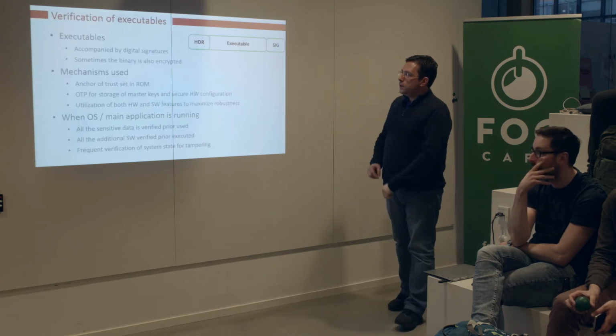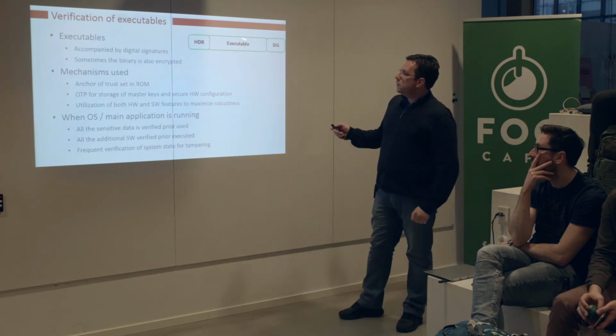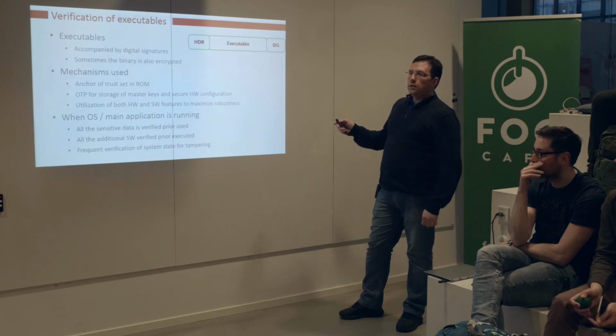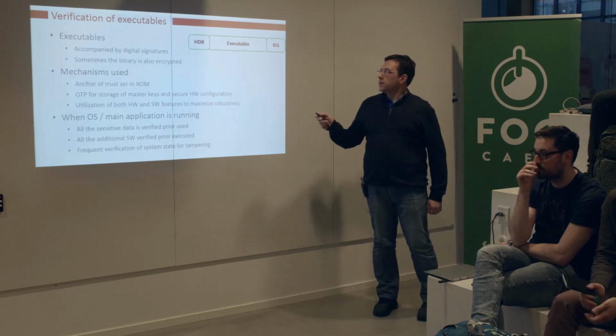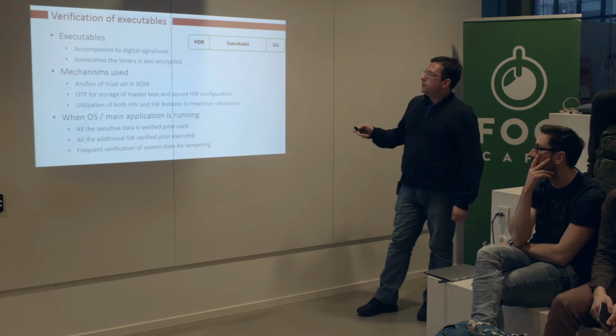So we have to do verification of executables. The executable is bound with a small header giving information about the type of the executable and the type of digital signature, which is bound sometimes at the end, sometimes at the beginning of a blob.